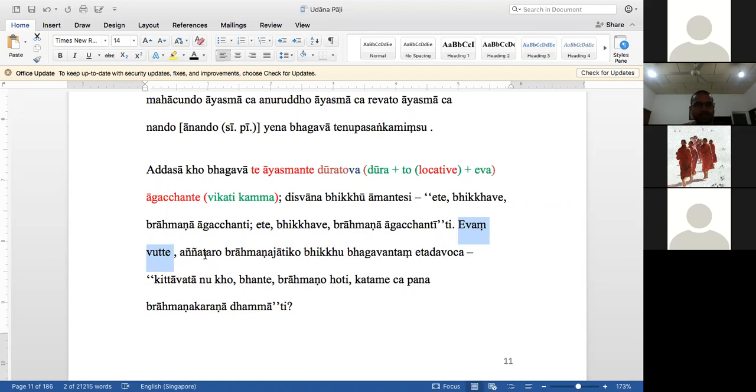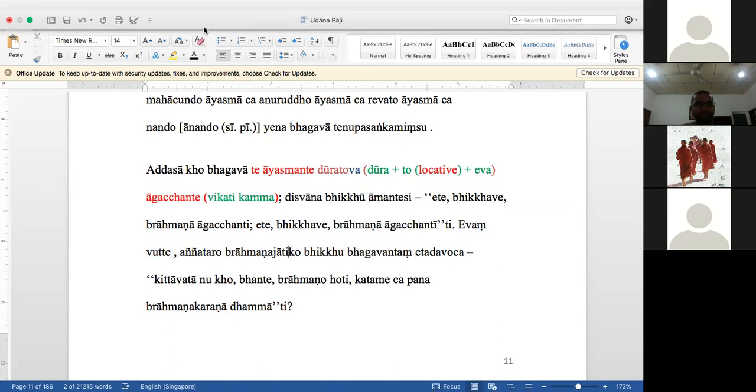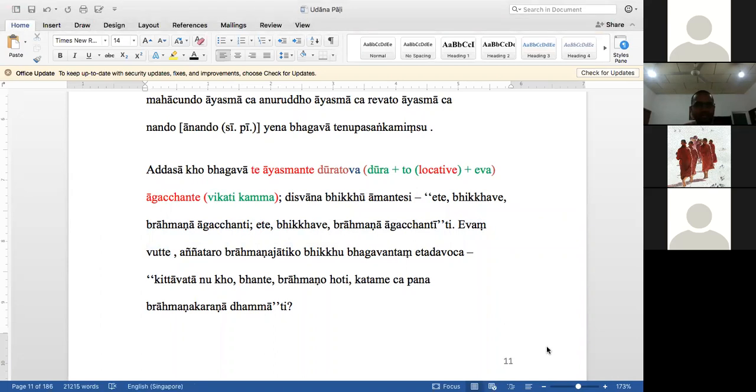So a certain brahmana jatiko. If you remember the lecture notes from last week, we mentioned that the words jatika and sila are a similar kind of noun.